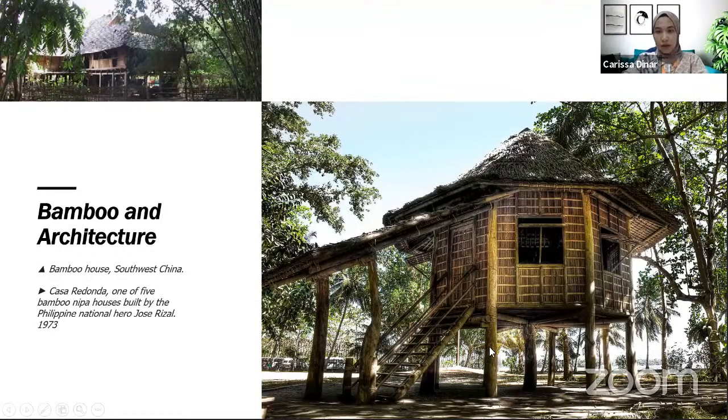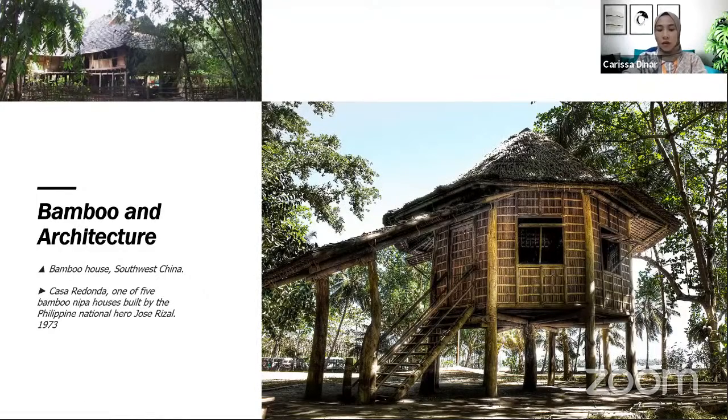Another example is Rizal Shrine in the Philippines, which has 5 houses of bamboo built by Jose Rizal in 1973. They each show different styles that could emerge from nipa hut architecture, which is a basic bamboo housing architecture in the Philippines, with bamboo poles used to support the structure and the walls composed of split and woven bamboo.